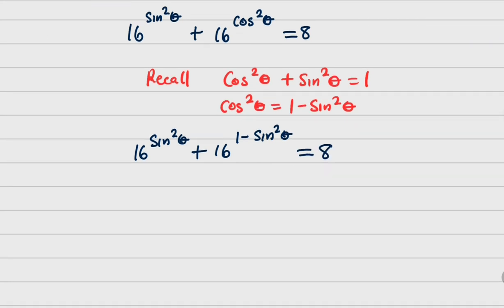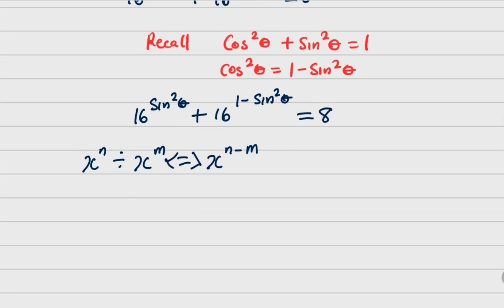Okay, now from indices, take note of this. If I have x raised to power n divided by x raised to power m, it is going to be x raised to power n minus m, and it is vice versa.